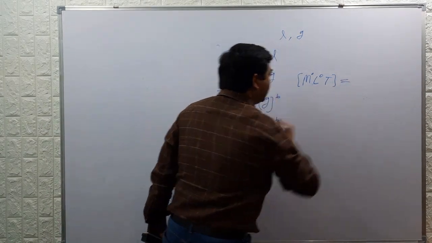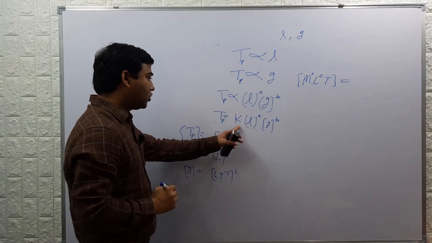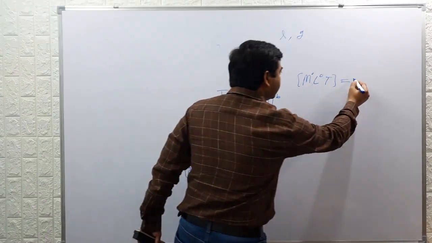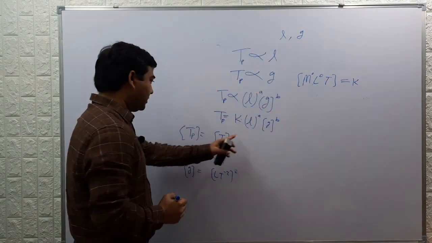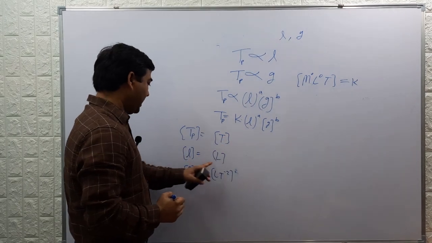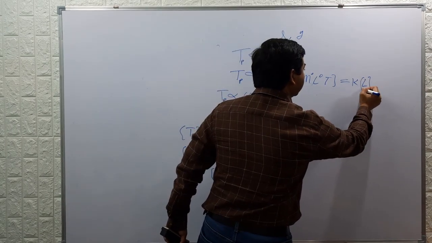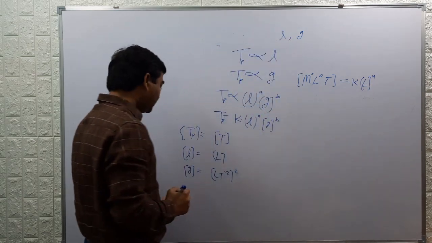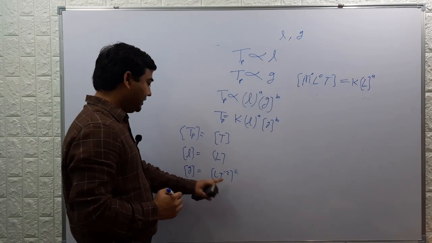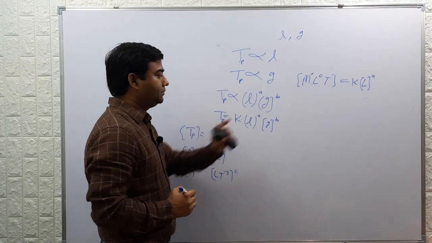And this is equal to constant, dimension of length L, L to power a, dimension of g, that is L T minus 2, to power b.